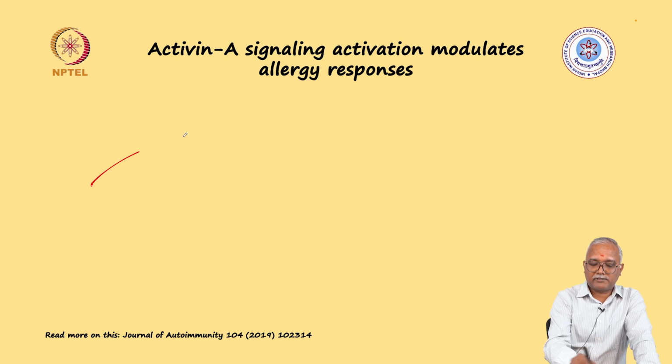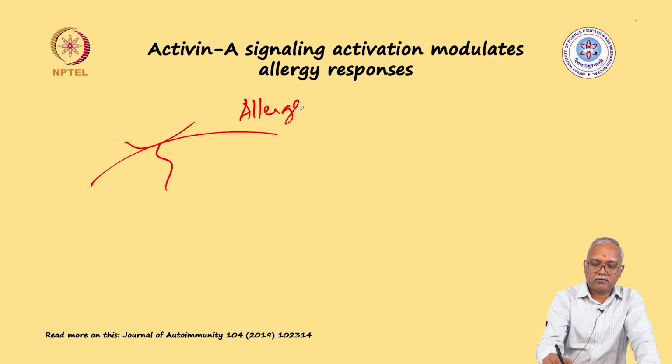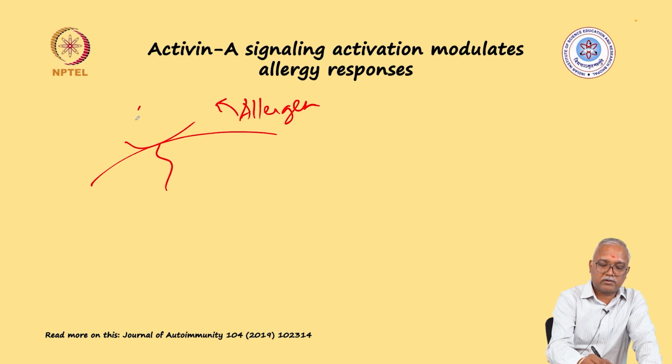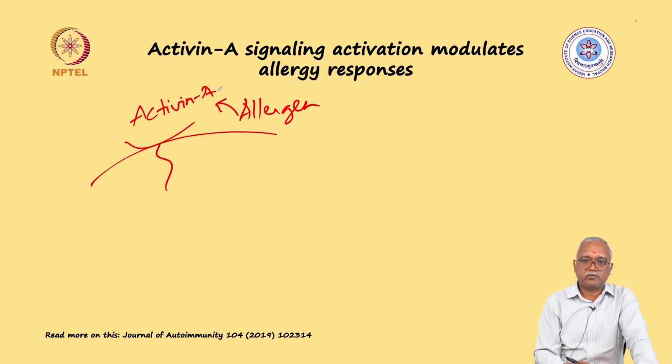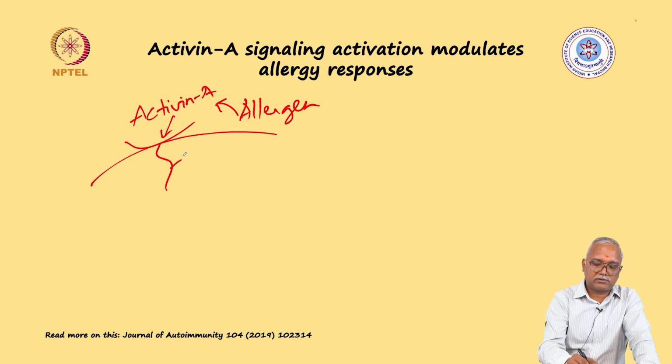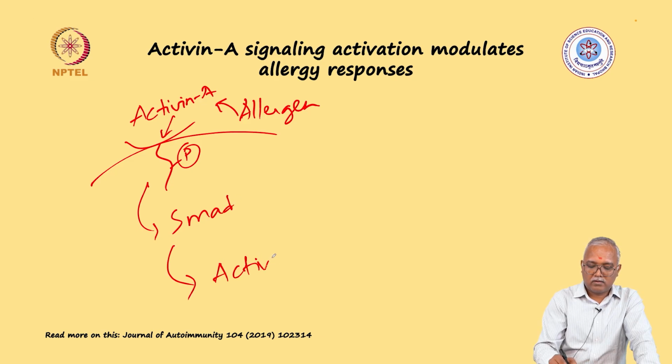So here what will basically happen, whatever the allergen is, it is not directly binding to the receptor, rather it is activating the process by which activin A is produced. This activin A binds to its receptor, phosphorylates, goes through the SMAD pathway, and activates or inhibits transcription.